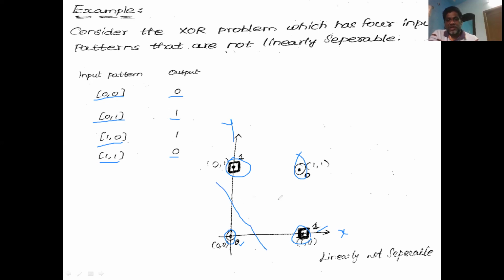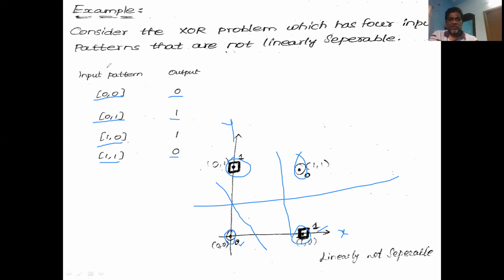But here, if you try to draw a line anywhere, it will not separate the output labels into two exactly different classes. One of those zeros or ones will fall on the other side combined with the other output label. So you can see that it is clearly not separable in linear space.